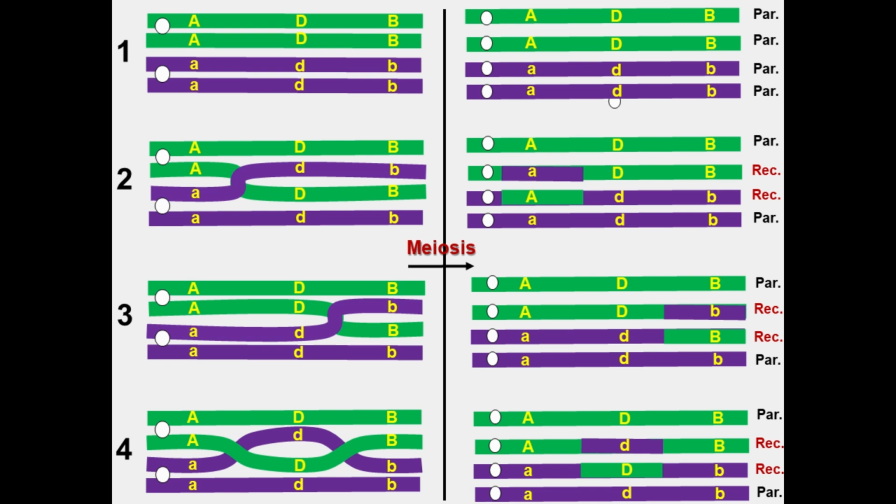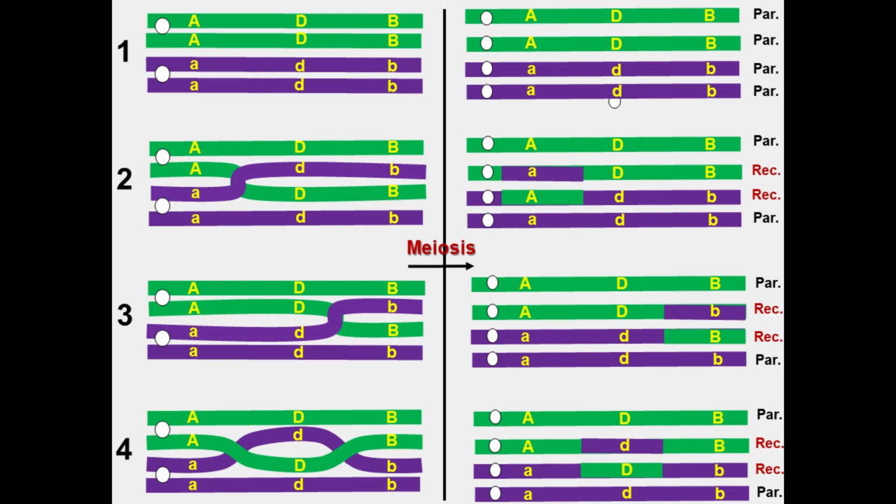The frequency of recombinant gametes resulting from a single crossover in cases 2 and 3 depends on the distance between the genes. Additionally, since the probability of 2 simultaneous crossovers, one between genes A and D and the other between genes D and B, is very low, the frequency of gametes resulting from double crossovers is the lowest.